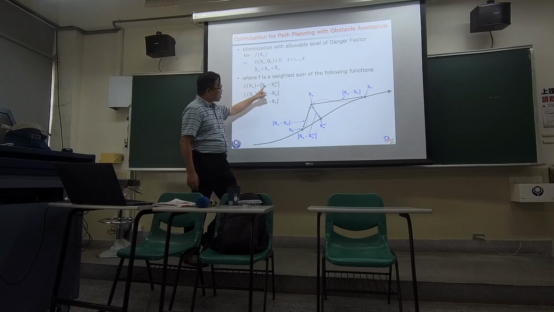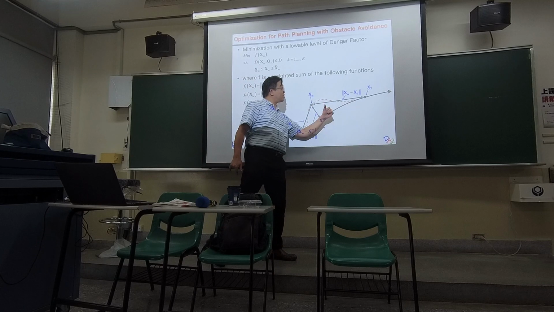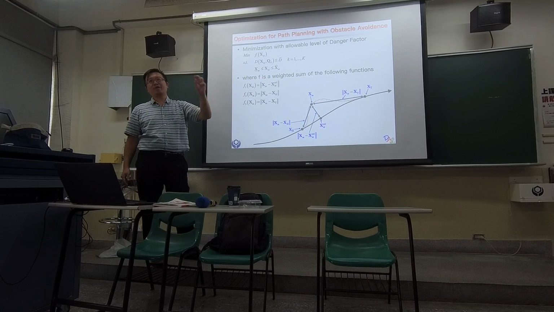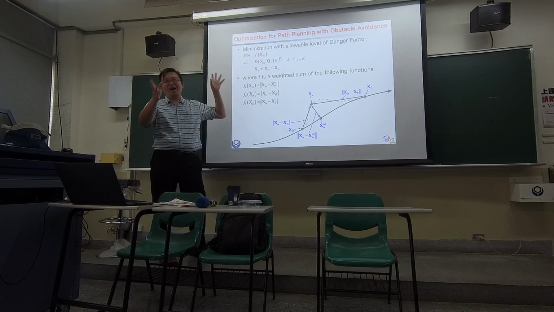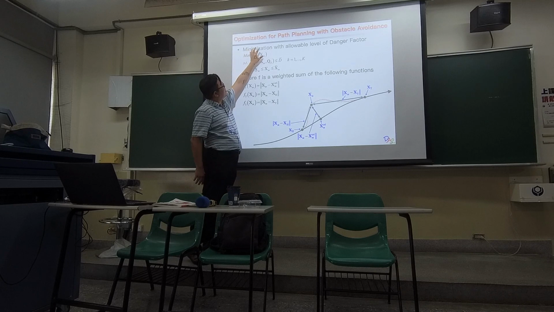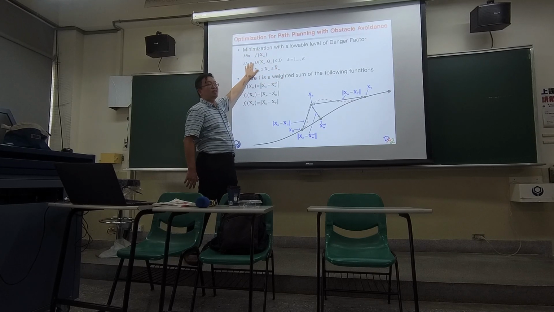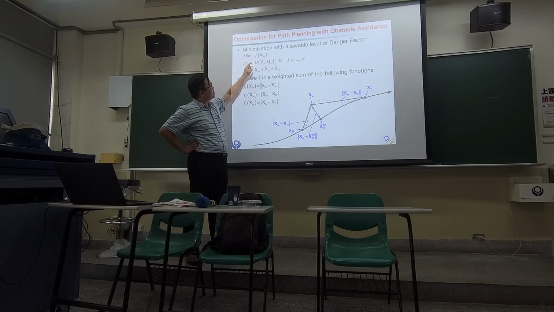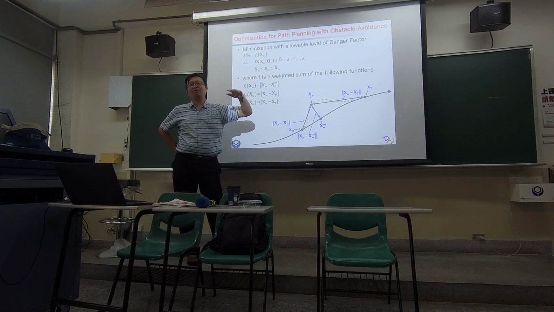So we want to minimize this distance, minimize this, and minimize this. ST means subject to. Subject to means 受限. So basically limited by. Minimize these 3 things, but limited by those equations. One constraint is your danger factor has to be smaller than an allowable value.